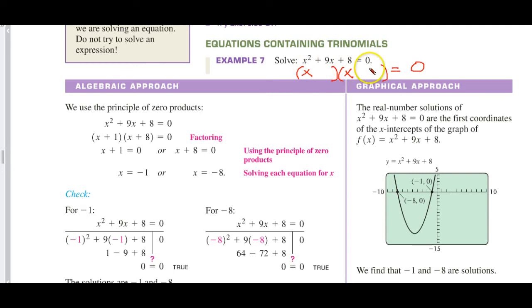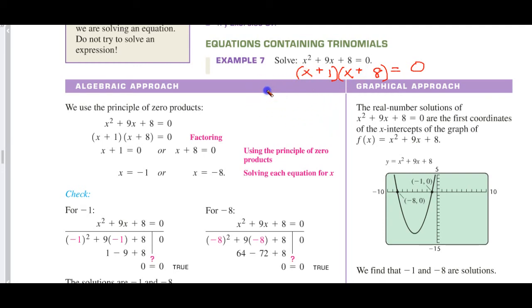X, X. Now 8 times 1 is 8, but when we add them together, our outers and inners, it adds up to 9, and they're both going to be positive.